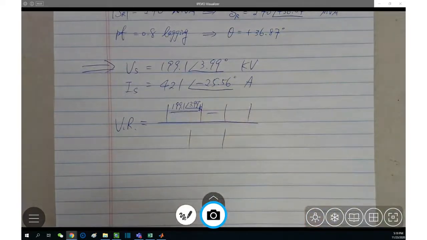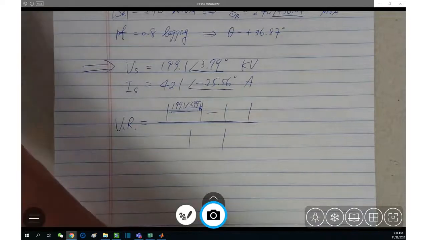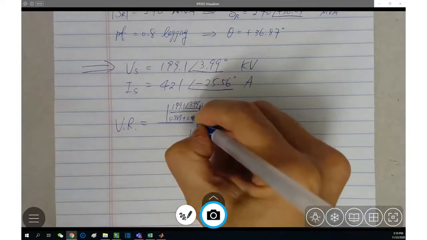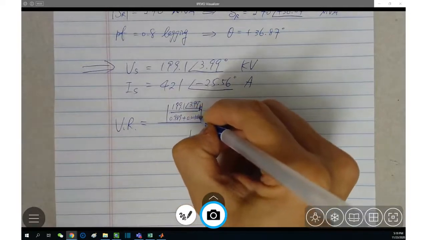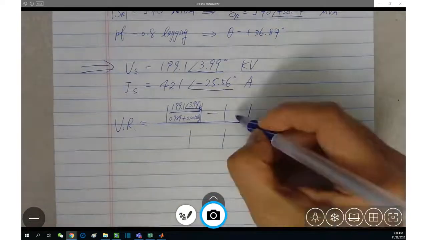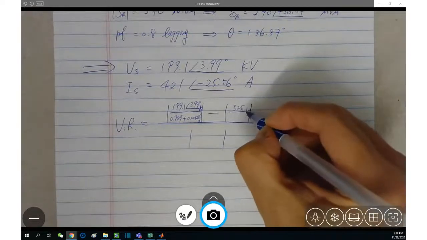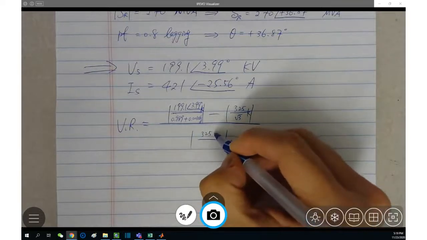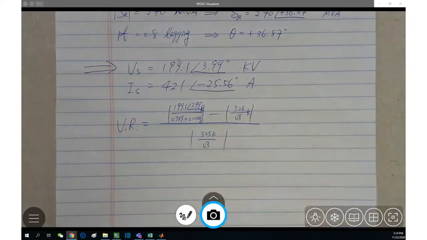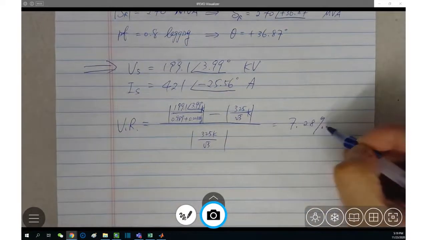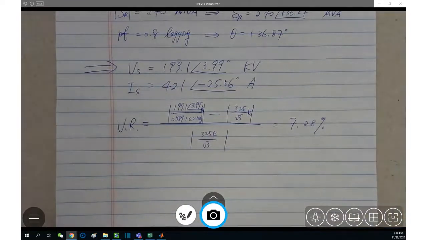Divide by A, where A is 0.989 plus 0.00128 j, and find the magnitude of it. Minus 325 kilovolts divided by square root of 3, all divided by 325 kilovolts over square root of 3. And then what I have is 7.28%. This is the voltage regulation.